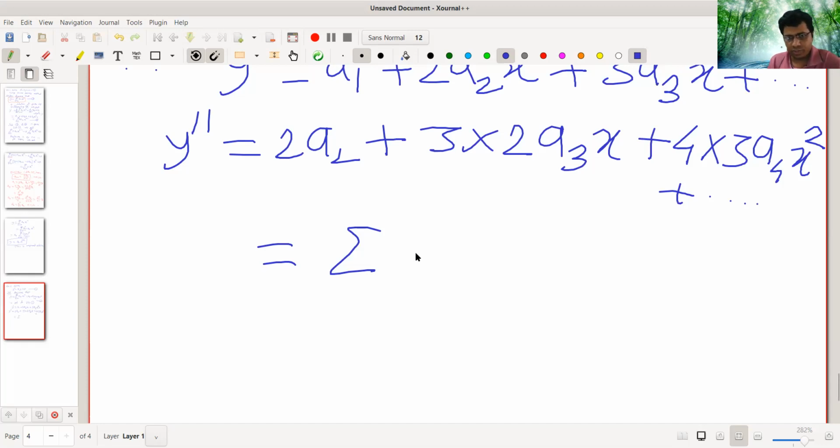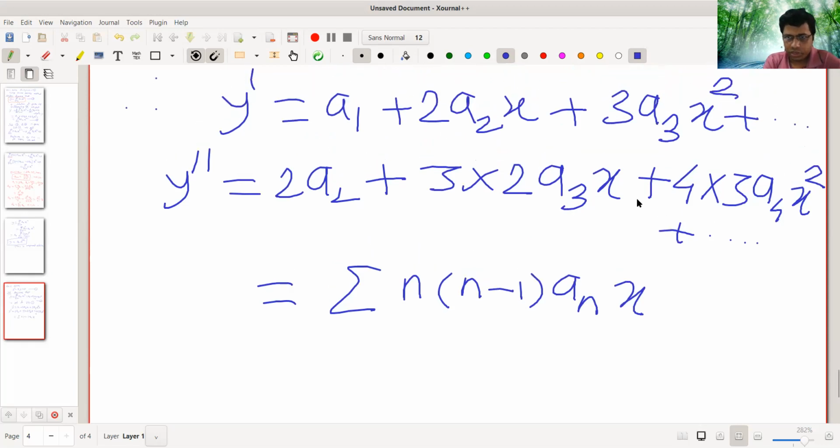So the term is of the form n into n minus 1, with 3 into 2, 4 into 3, etc. The suffix is an, and x raised to, here it is 3 into 2 x raised to 1, 4 into 3 x raised to 2, so x raised to n minus 2.